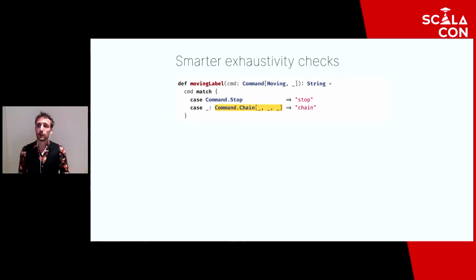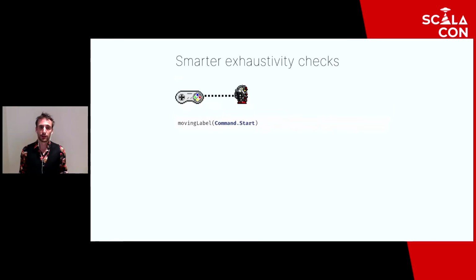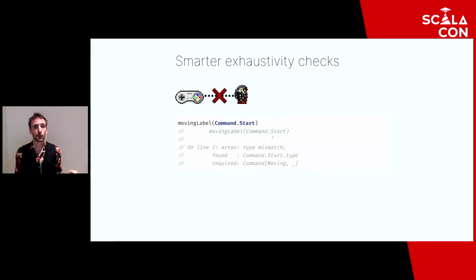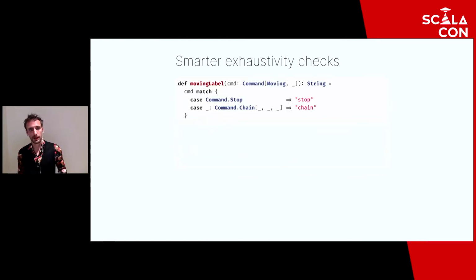And I also have to deal with chain because, well, there are some chain commands that start from moving, typically stop followed by start. And the compiler will accept that. But then when I try to run command.start, of course, it'll be rejected because start is a command from idle to moving. So it doesn't type check, and the compiler will reject it. So it's not possible to call moving label with a bad parameter.